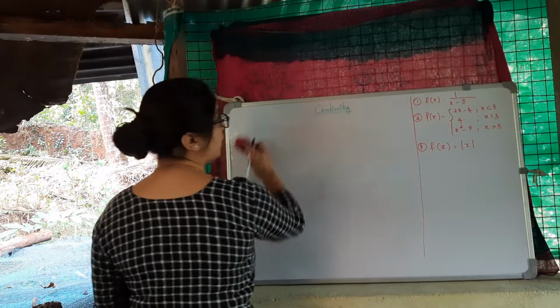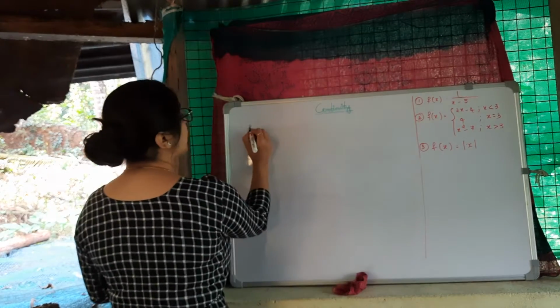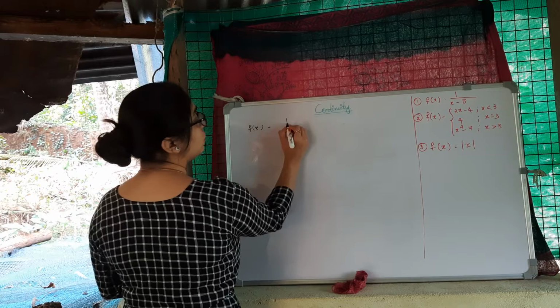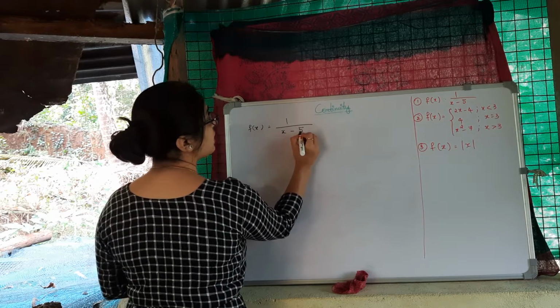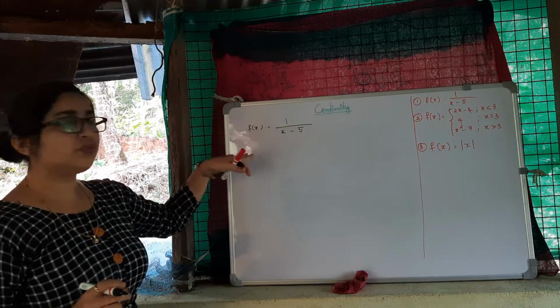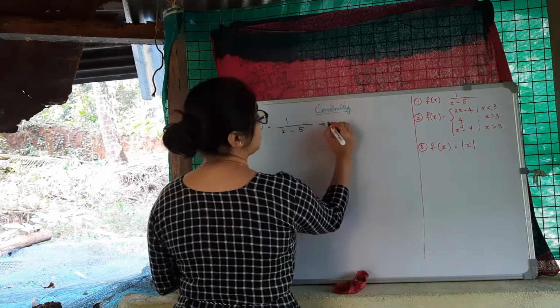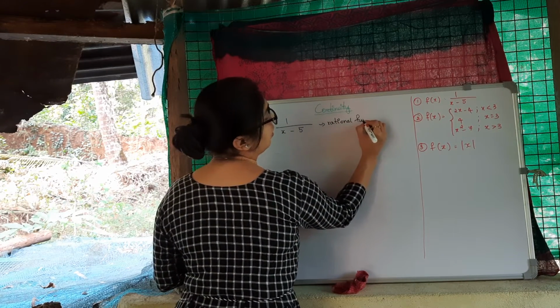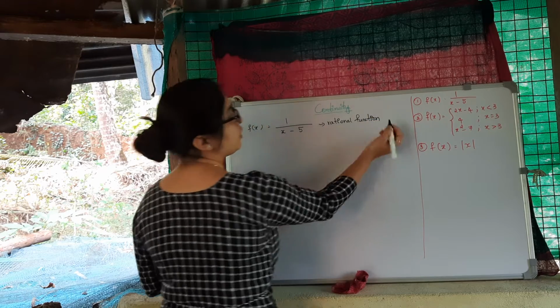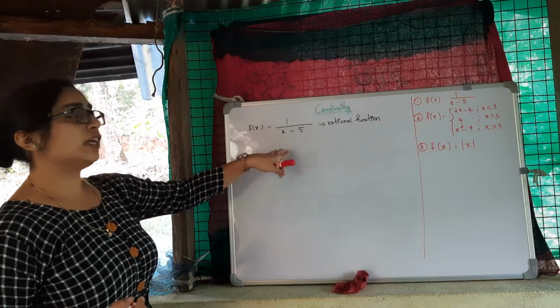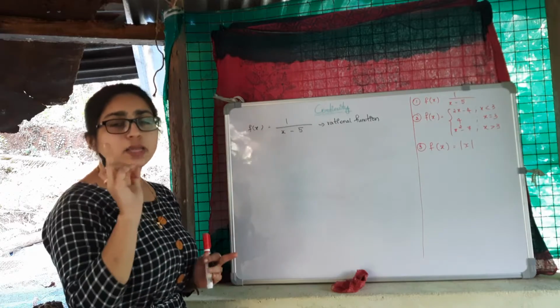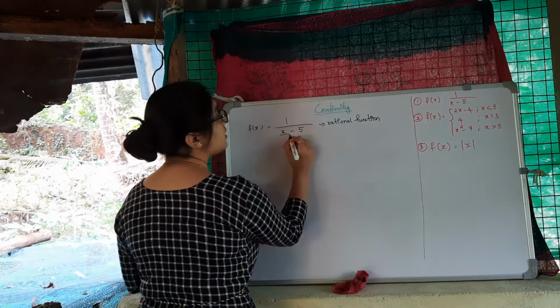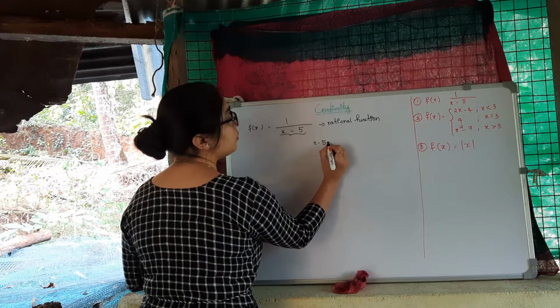So we take 3 examples here. First, f of x equal to 1 divided by x minus 5. This function is also called a rational function. It is continuous everywhere except one point, where the denominator is equal to 0.